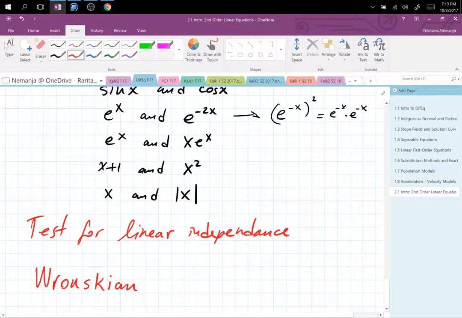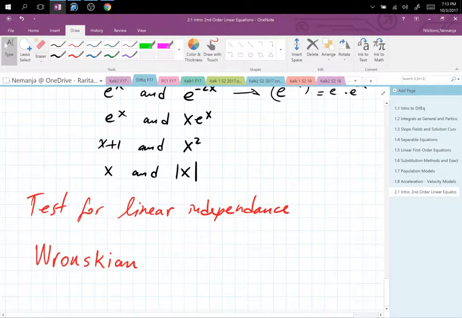All right. So the Wronskian is going to be the matrix which contains functions, solutions, and their derivatives. In general, we use the determinant of the Wronskian to check, and then we figure things out.